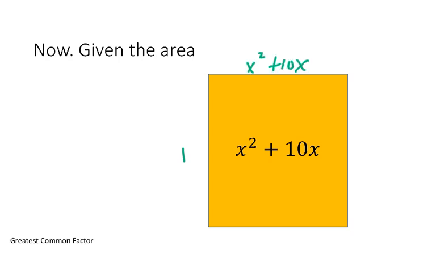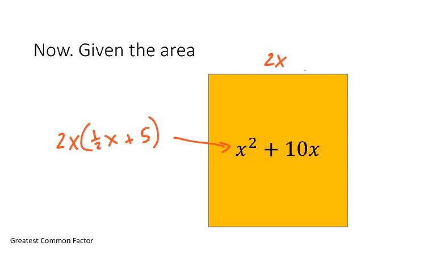That would also work. You might even get creative, see some people do this, and it's like, if this one's 2, or maybe even 2x, what does this one have to be? Well, it's like 2x times something is going to give this. So that something is going to be like 1/2 x, and then I think plus 5 will get me there.